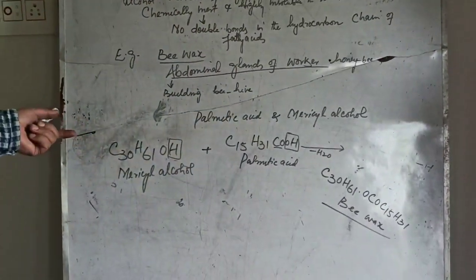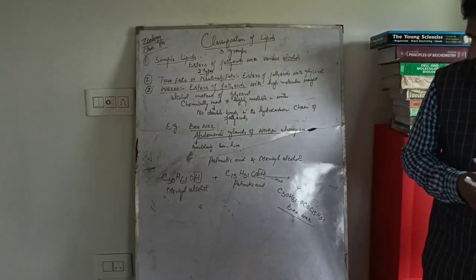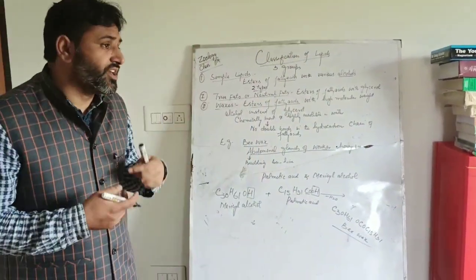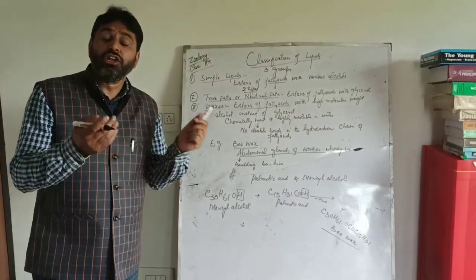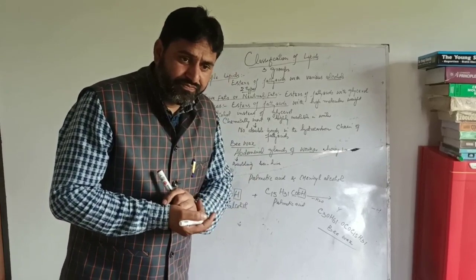This is the molecular formula of beeswax. This beeswax is used for making hives. These waxes are also used for making polishes. They are also used for making cosmetics.